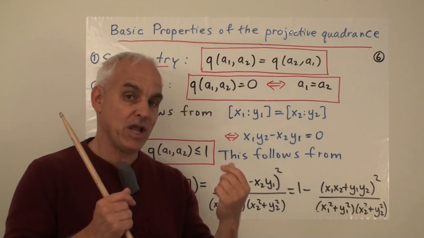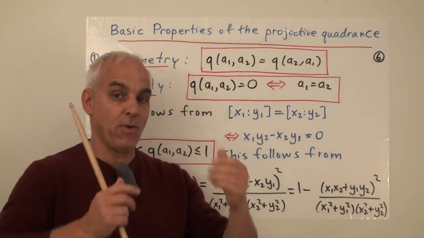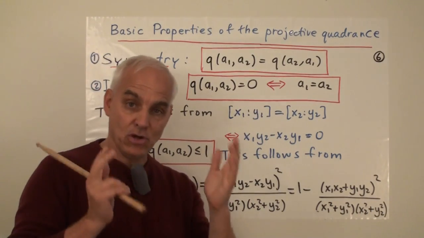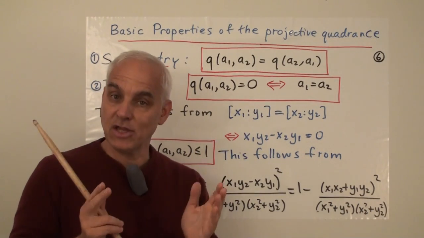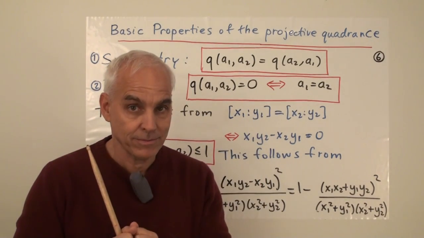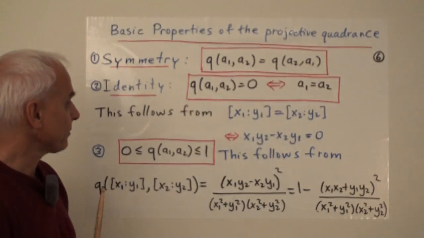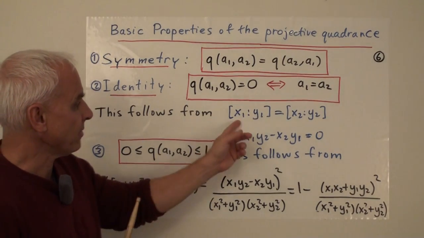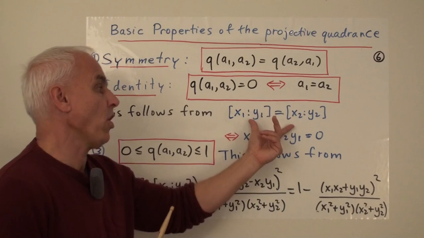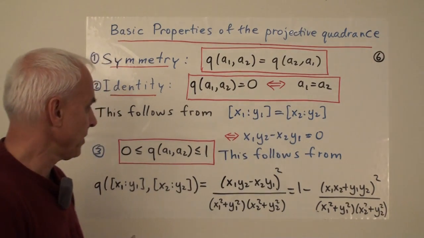The original definition had an x1, y2 minus x2, y1 in the numerator, and so the quadrance will be 0 precisely when that numerator is 0, which is exactly the condition that those two ratios or two proportions are the same. Okay, that's the basic condition there. This is the condition of equality of these two proportions.